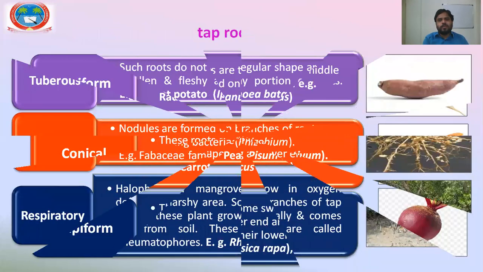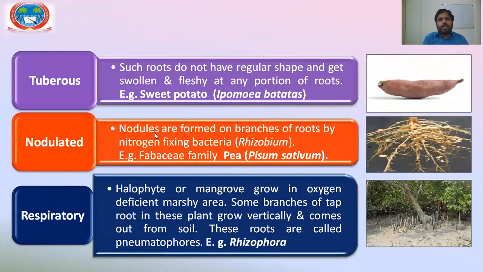Now we'll talk about the next form of the root, called the tuberous root. Such roots have no regular shape; they are swollen at any point, so the shape of the root is not regular.